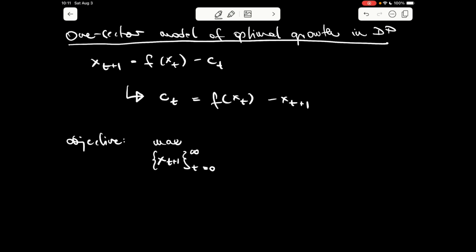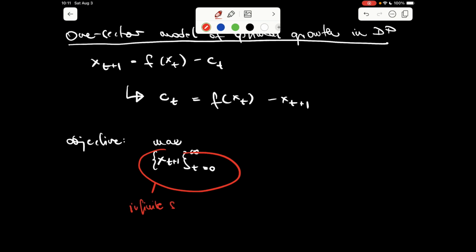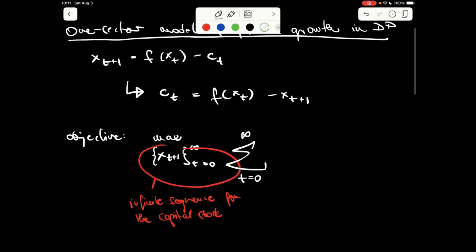So this is an infinite sequence describing the capital stock. So we are looking for an infinite sequence which we interpret as the capital stock that maximizes the sum of discounted utilities.